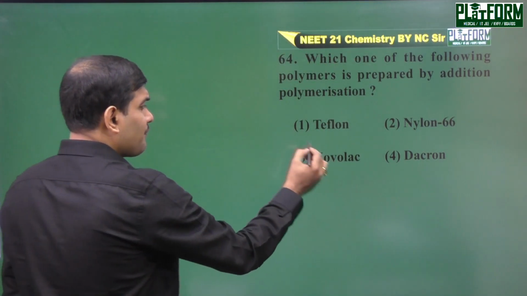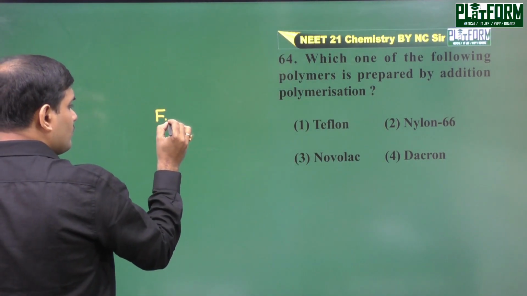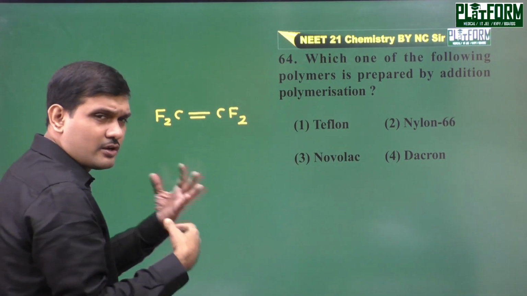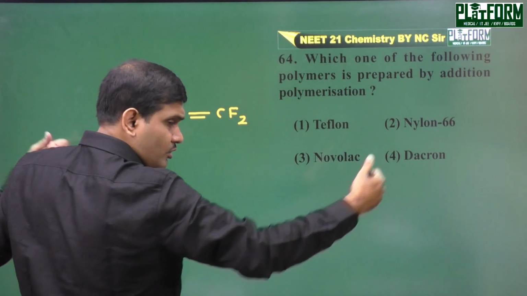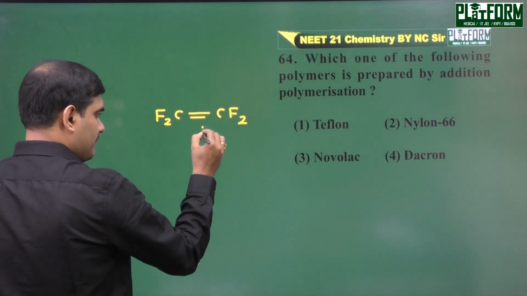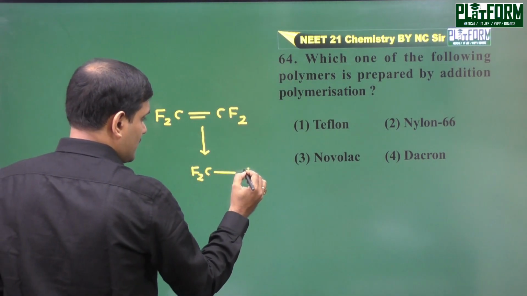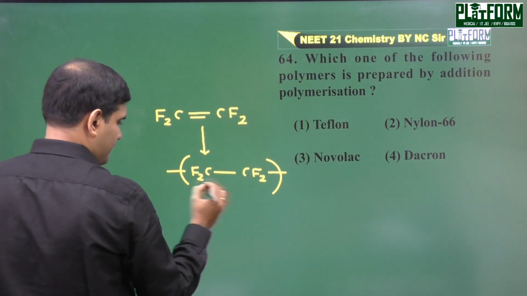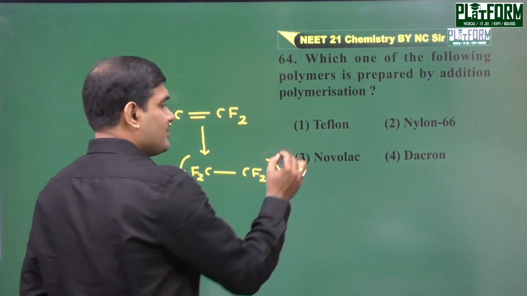So this Teflon is CF2=CF2. In the presence of heat or irradiation, this pi bond will break to produce radicals. Those radicals will join to give an addition polymer, that is Teflon, polytetrafluoroethylene. Radical addition reaction will take place. It is a polymer prepared by addition polymerization.